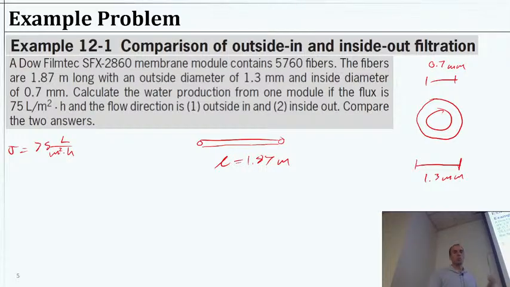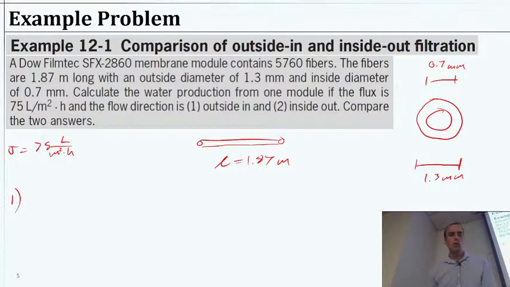And we have two ways of operating. One would be the outside in, and the other would be the inside out. So in this case, maybe the outside and the inside are both separation layers, or maybe they're just deciding on which one to design. I don't know. The question then says, calculate the water production from one module if the flux is that, and we do either inside out or outside in.